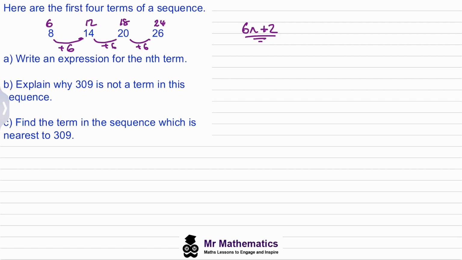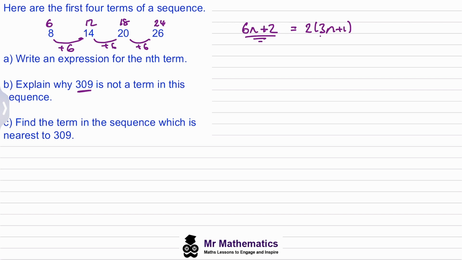For question B, explain why 309 is not a term in the sequence. Well, you notice that each of these terms are even, and the 309 is odd, but we need to prove that this sequence can never have an odd number. So if we factorize the 2 out of this nth term, we know this will be equal to 2 lots of 3n plus 1.